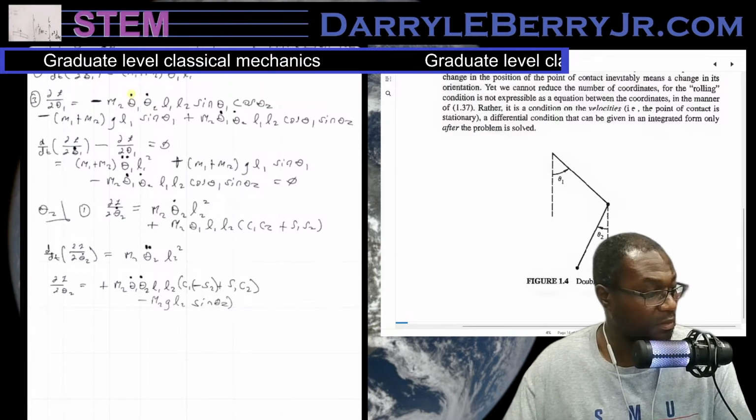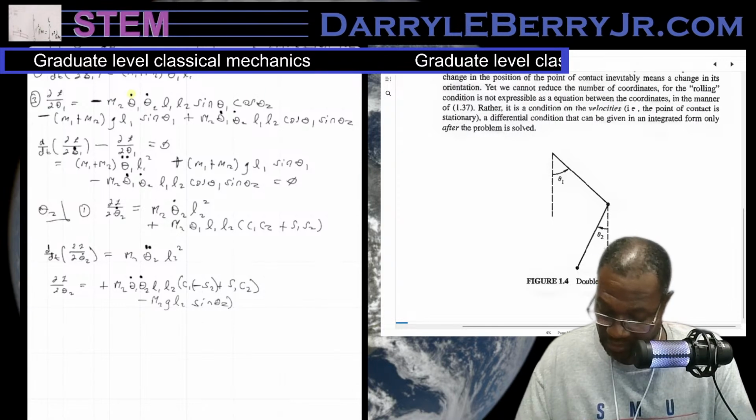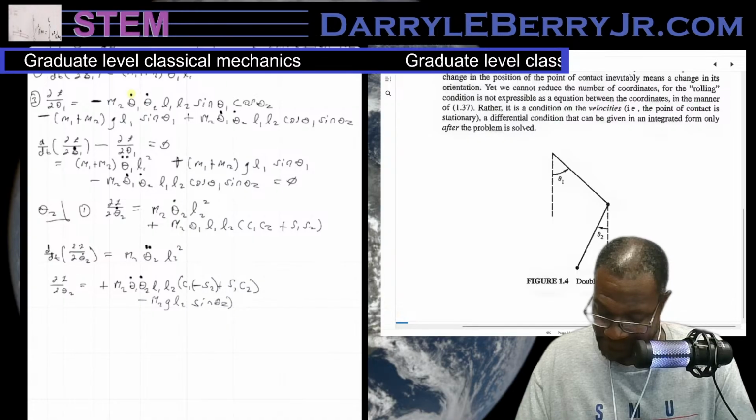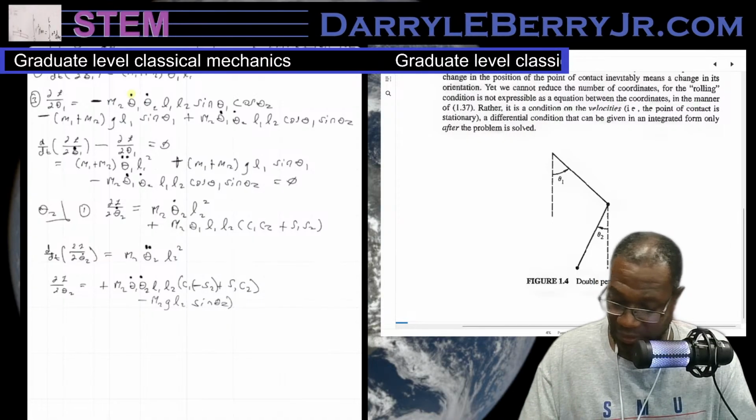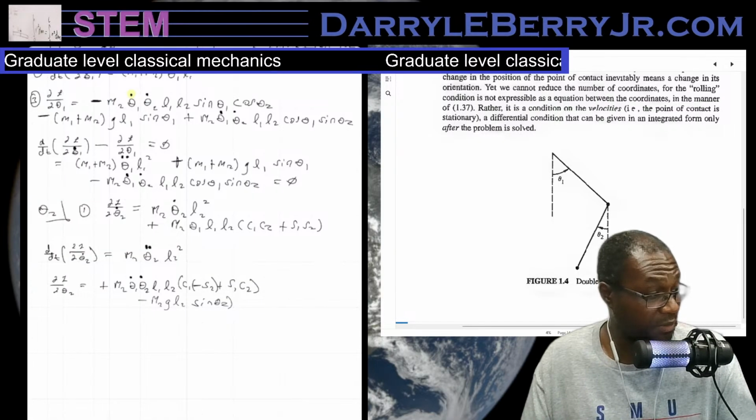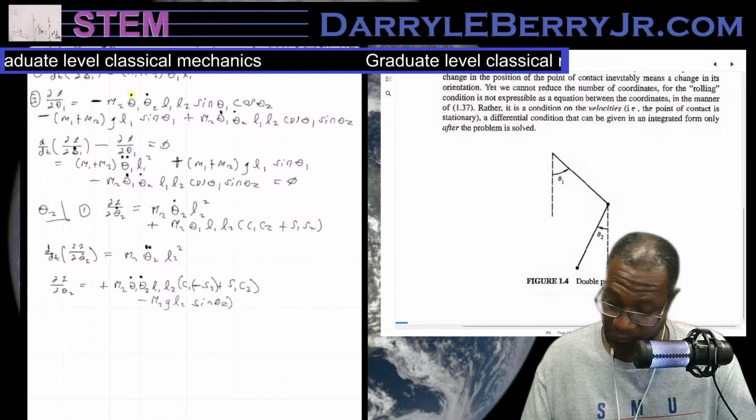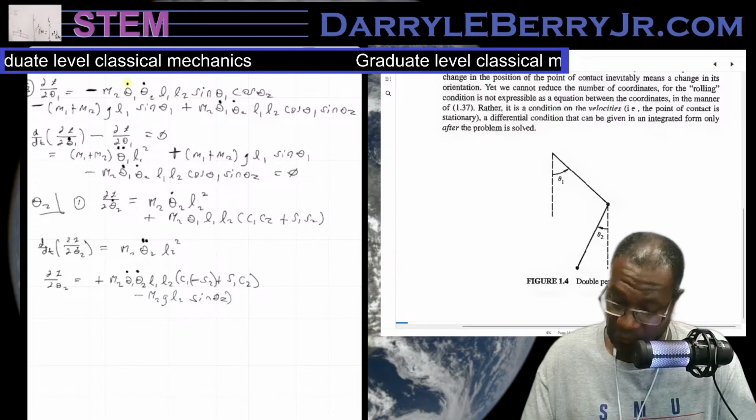So let's see how much different it is. Looks like I have these same 3 components again, a double dot section, a dot section, and a no dot section. So it's promising.